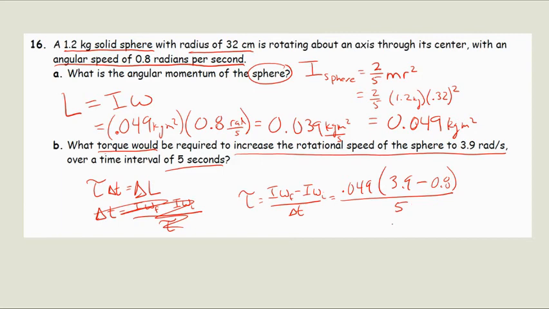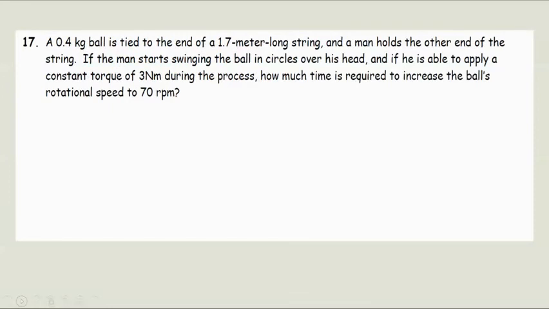And that's going to end up giving me that my torque is equal to 0.03 newtons times meters. Now remember, that is not equal to joules. So please do not answer in terms of joules. It's newtons times meters. So let's look at another question.